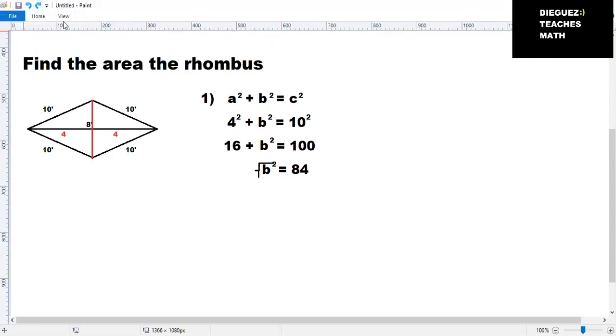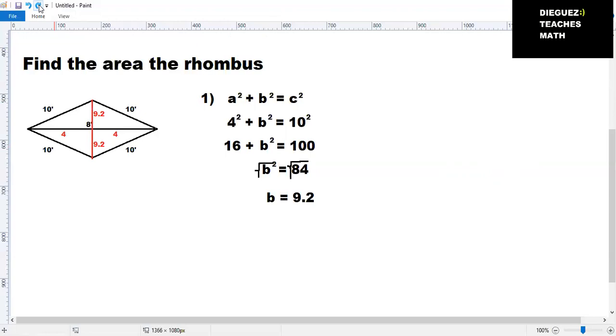We want to get rid of the squared, so we square root both sides, and that gives us 9.2. So this little half is 9.2. If this is 9.2, the other half is also 9.2. All right, so that was the first step.